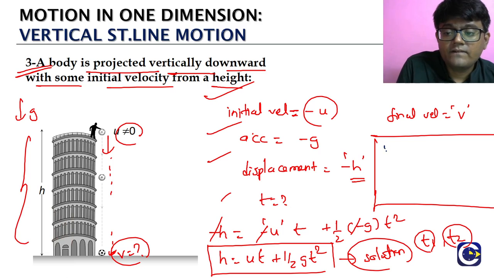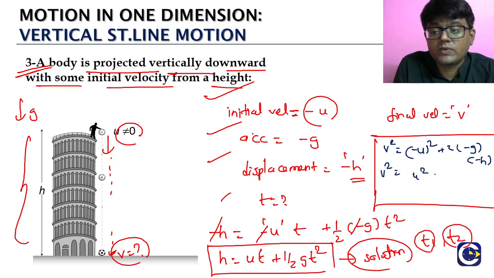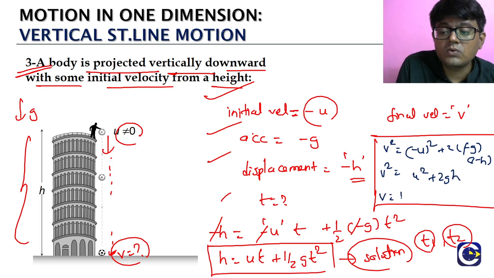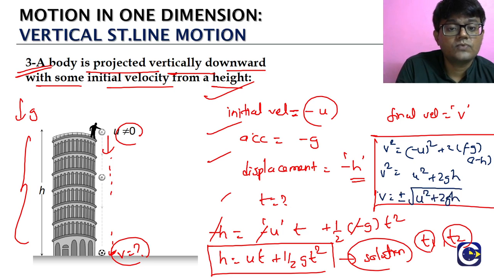So final velocity square is equal to initial velocity square plus 2 into acceleration, which is minus g, into displacement, which is minus h. Minus minus is cancelled, so v square is u square plus 2gh. So v will be equal to plus or minus root of u square plus 2gh.